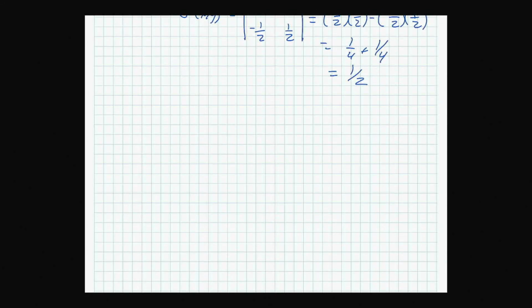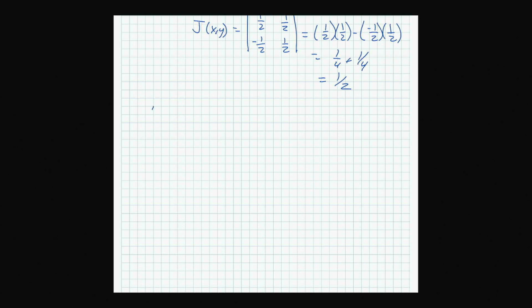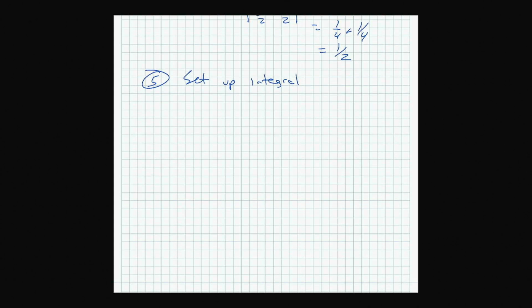I'm just going to combine steps 5 and 6 here. I don't know why I called them separate steps anyway. Let's set up the integral. We're doing the integral of f of x, y dA, which they told us was e to the x plus y dA.